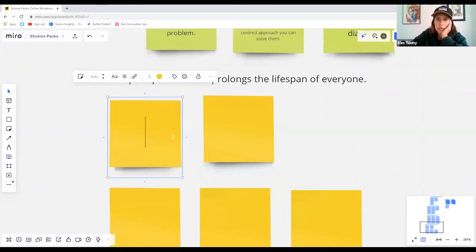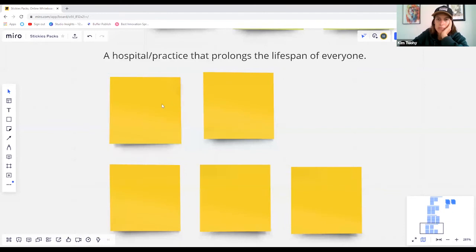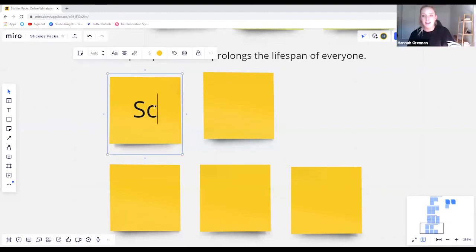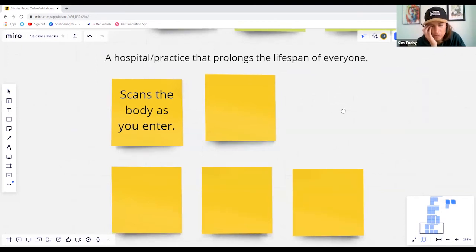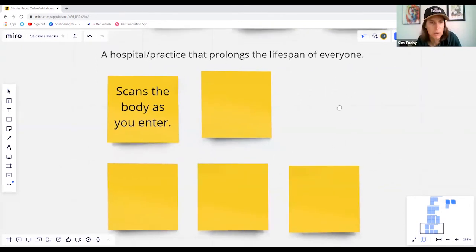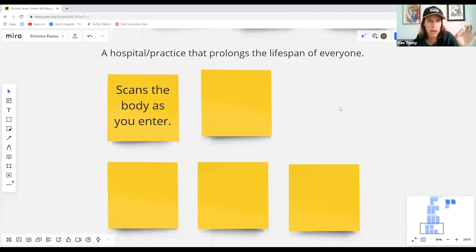But prolongs the lifespan. I think that scan you said, that scans the body as you enter. Yeah, because then it can pick up on things that the doctor or the patient might not know. So right now, just to recap the intention, it's basically how might a hospital or practice prolong the lifespan of everyone? Yeah, that's what you want ideas for? Okay.